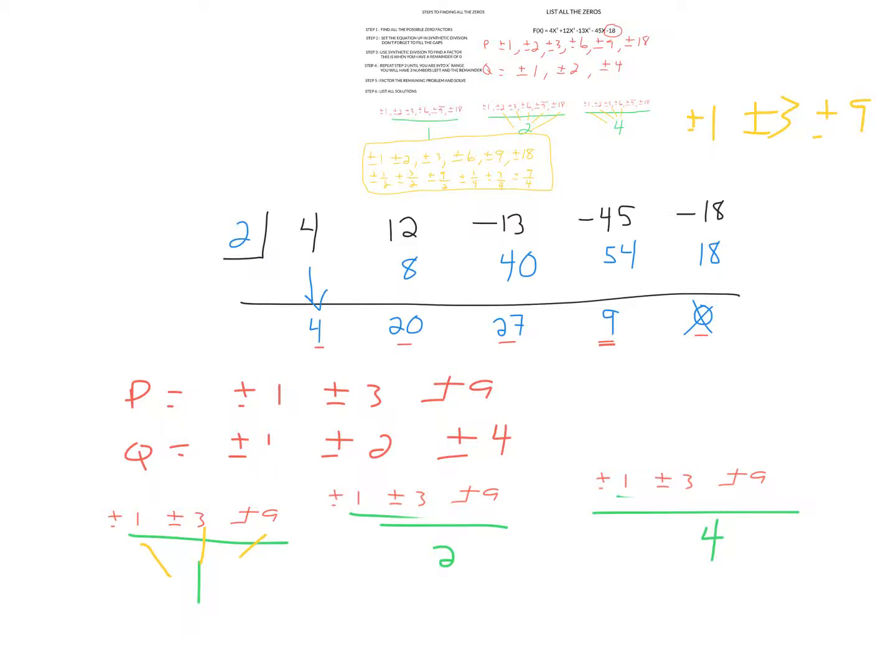Then from the next one, we have plus or minus 1/2, plus or minus 3/2, plus or minus 9/2. I know, I'm kind of making a mess, I'm sorry. Oh, that wasn't even a 5, it's a 9. See, I'm not paying attention sometimes.